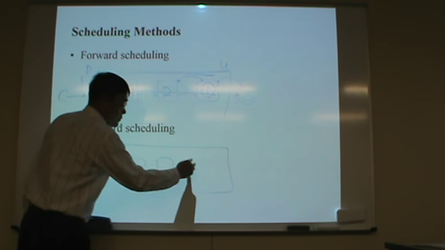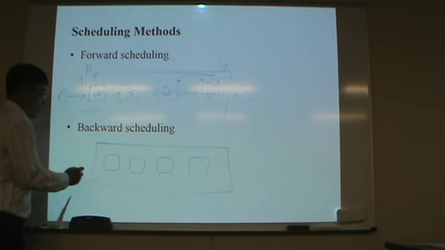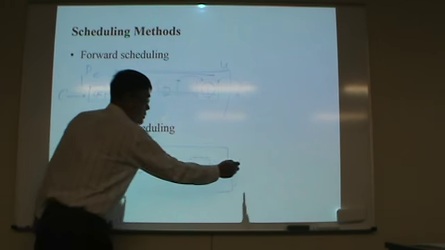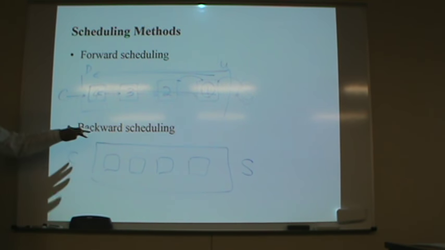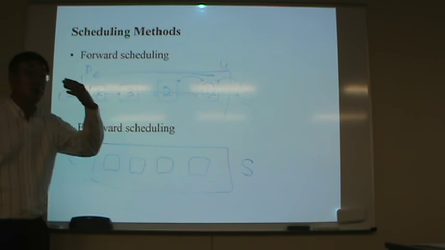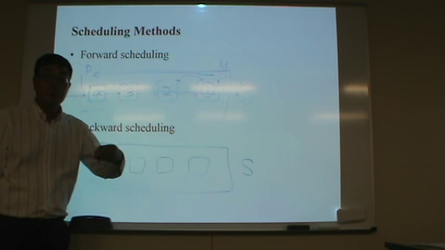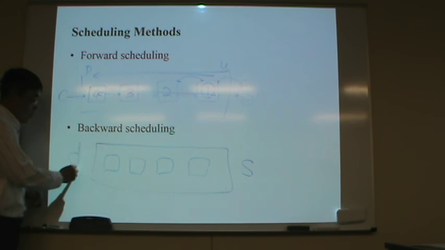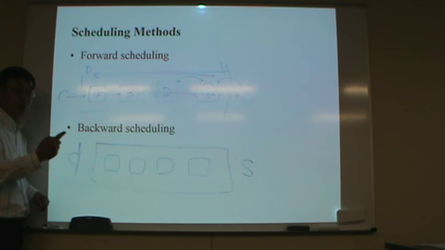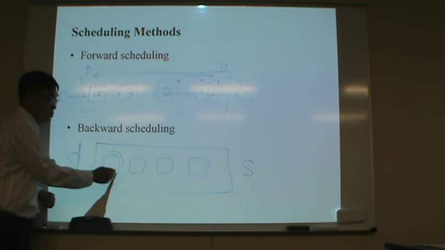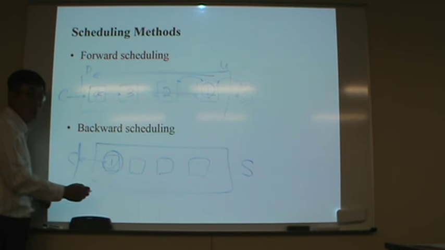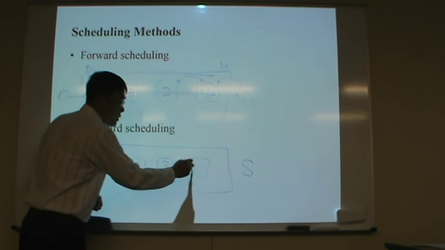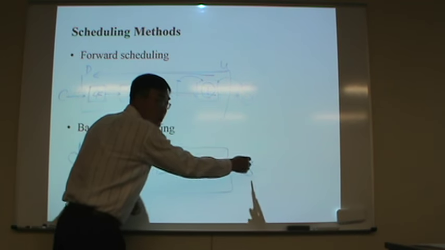Make to stock system, customer side and then supplier side. Backward scheduling: we know the due date, right? So to meet the due date, we should schedule this one first, then schedule this one, and schedule here.